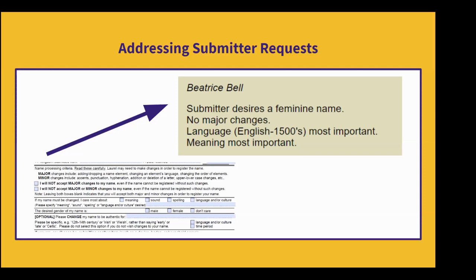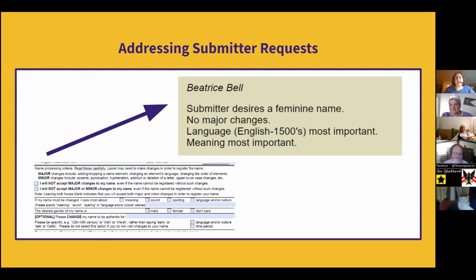I find reading through commentary really, really helpful because it gives me not only new avenues of research, but it shows me how to look at a name for its construction or its language and really give good commentary to help both Kingdom and at the Pelican level get a name to eventually be registered, because that's the goal. That's the ultimate goal of commentary. Give that submitter what they want in a name.